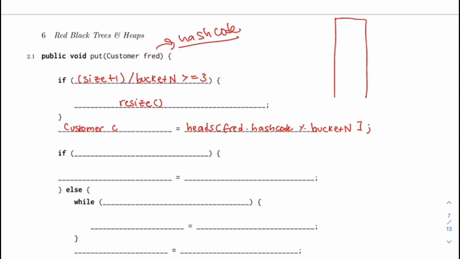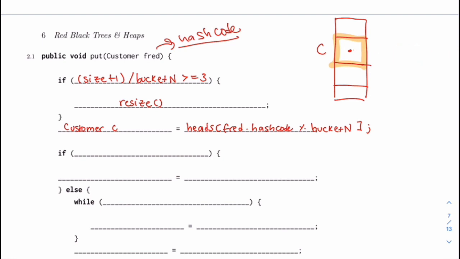Okay, so let's say that this was my hash table. And let's just say that this element happens to be C. There's two cases, right? C could be empty. There could be nothing in that bucket. Or there could be some linked list of some length, right?